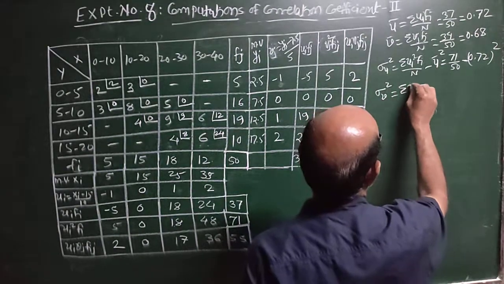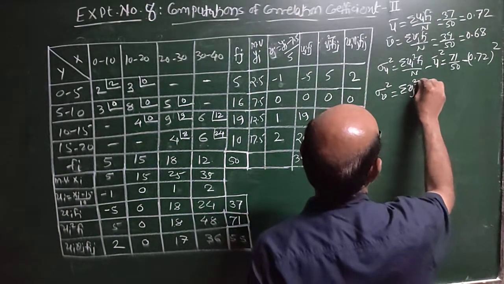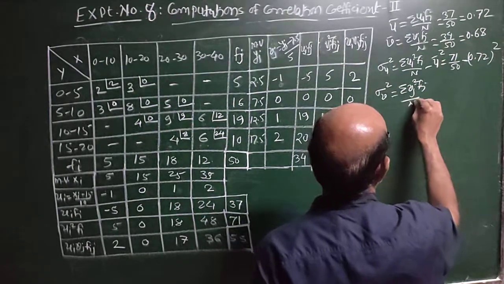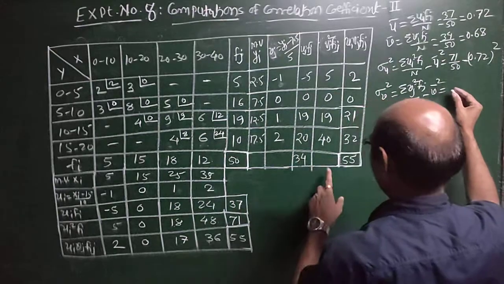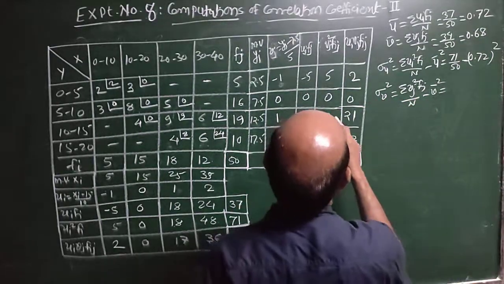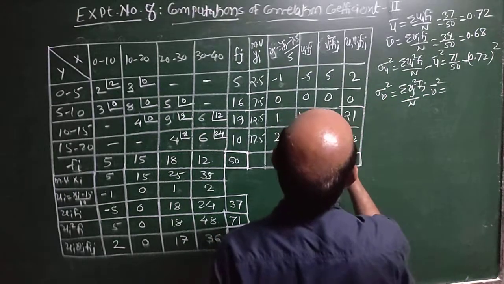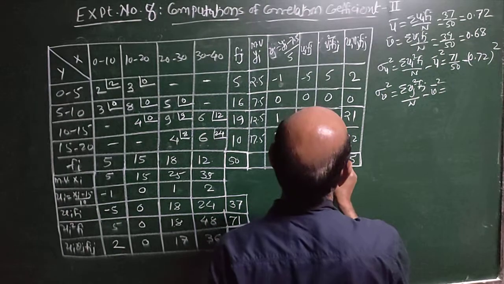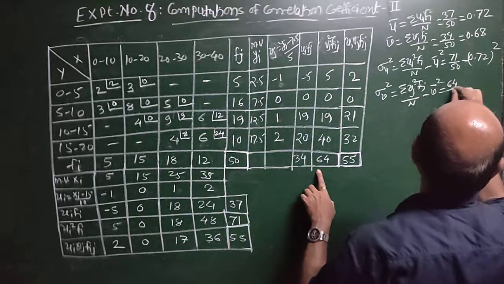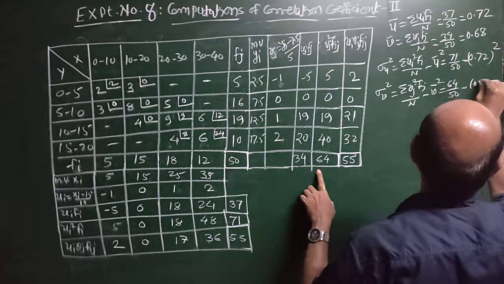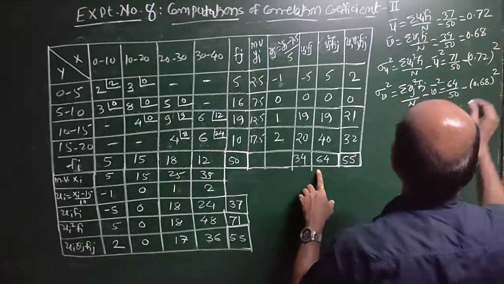Sigma v square is summation vj square fj divided by n minus v bar square. So you have to obtain this total: 45, 55, 65. This is 64. So 64 divided by 50 minus 0.68 square.